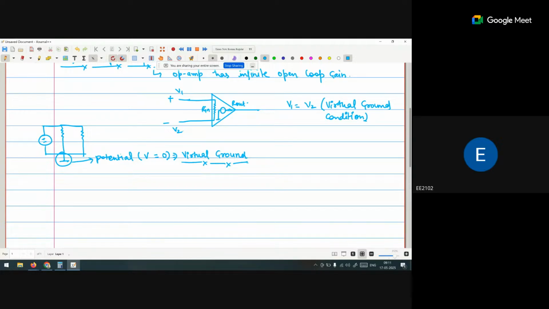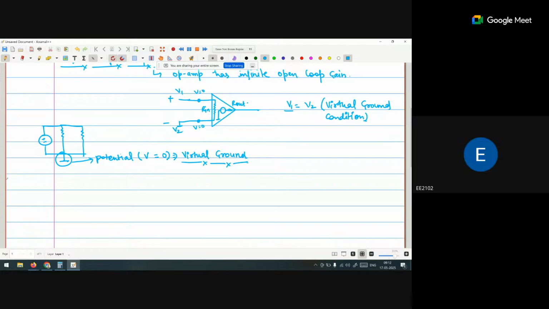This virtual ground will have the potential at this point and at this point be the same, or zero. If I connect this one with ground, the voltage at this point is zero, so similarly the voltage at this point is also zero, because both voltages are the same.